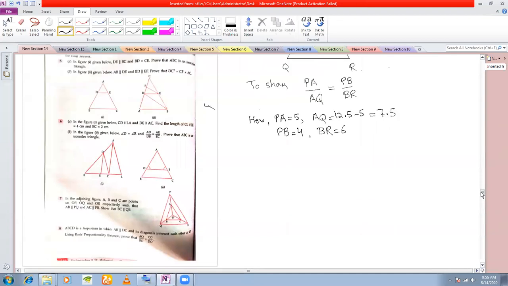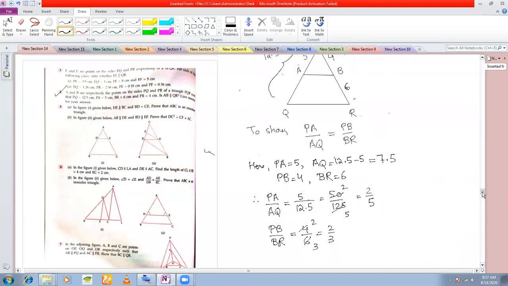So let's now check whether they are equal. What is PA by AQ? 5 divided by 12.5, which is 50 by 125. Cancel with 25. So you get the ratio 2 by 5. Next check PB by BR. PB is 4 and BR is 6, which is 2 by 3. So we are getting two different ratios.